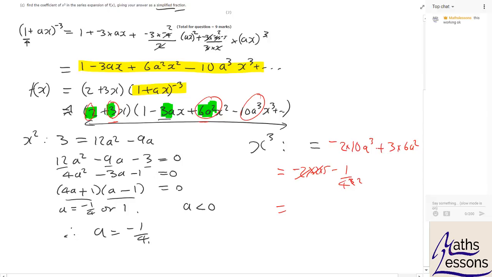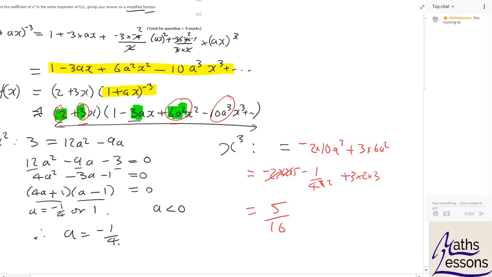So that's going to give me 5 over 16, with a minus. Plus 3 times 2 times 3, times minus a quarter squared, which is 1 over 16. So 3 times 3 is 9, times 2 is 18, so plus 18 sixteenths. So that is 23 sixteenths, and we're not going to be able to cancel that down, so that will be our answer for the coefficient of x cubed.